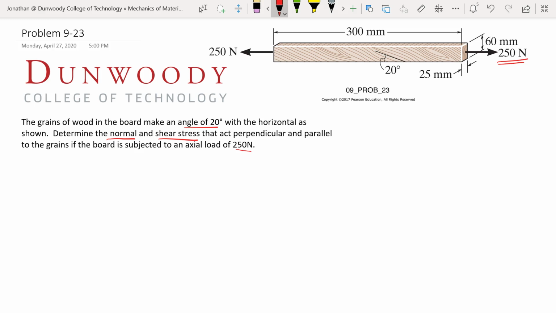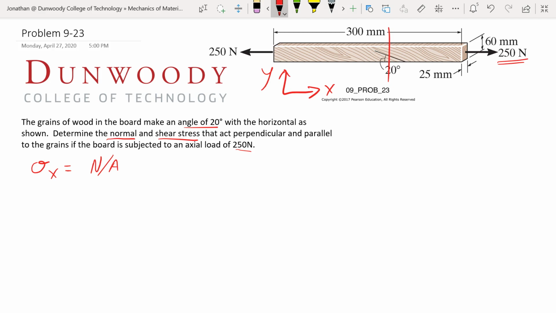We need to know a few things. We need to find our normal stress. In the x direction, I'll make that x, I'll make this y. The sigma x is going to be our normal stress if I section this somewhere. So it's going to be our normal over our area, and we don't have any bending going on. If I did, I'd add that in.